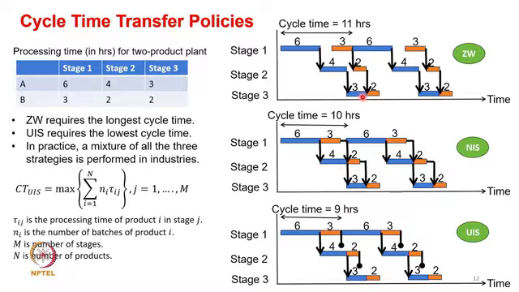You do not have to wait for the entire thing to complete, but you have to make sure that your second stage is available only after 4 hours of operation of stage 2. That is the only bottleneck over here.